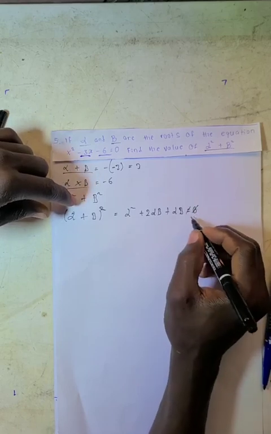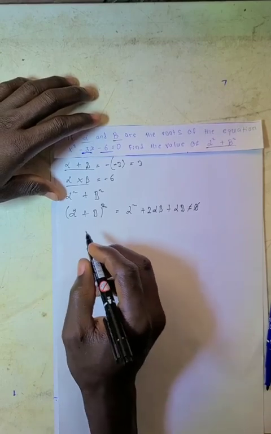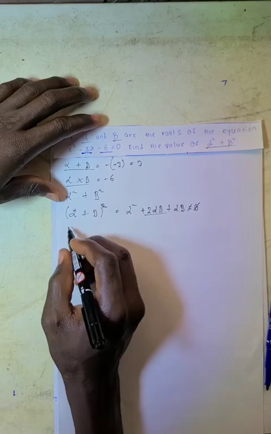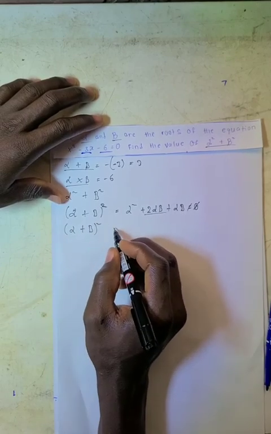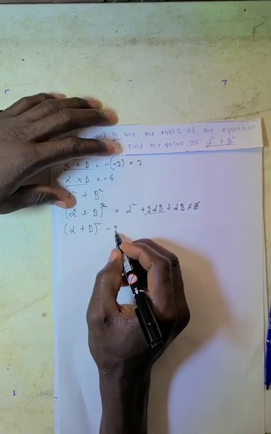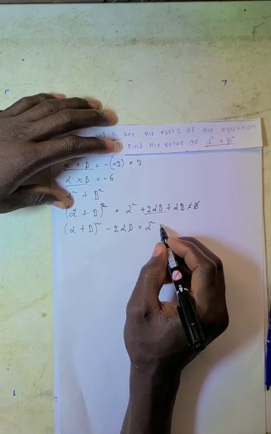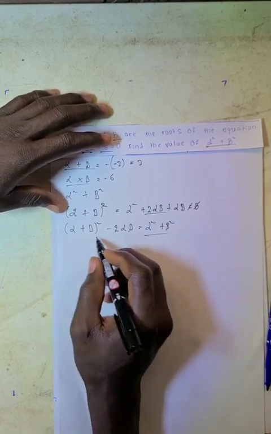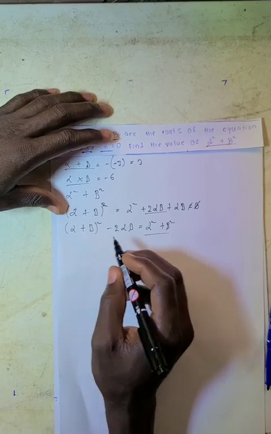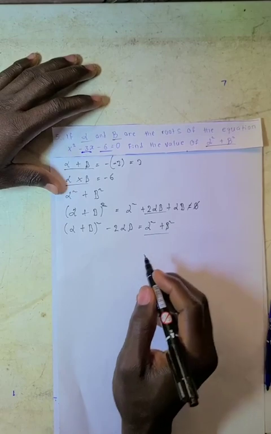Let's forget the rest, we don't need it for now. So if we move this to the other side, we have (alpha plus beta) squared minus 2 alpha beta is equal to alpha squared plus beta squared. Now this is what we are looking for. We have alpha plus beta and alpha times beta, so we can now substitute and get our value for alpha squared plus beta squared.